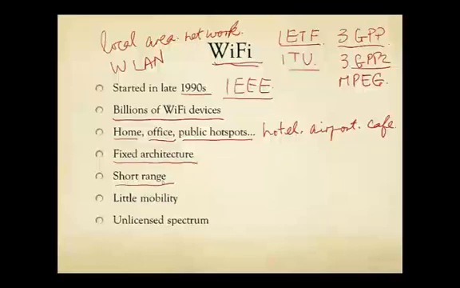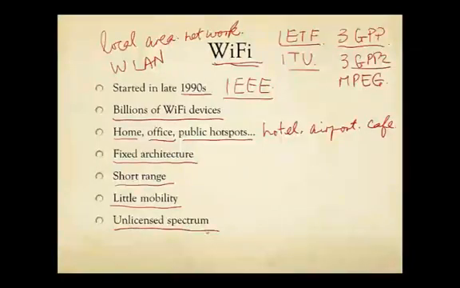So this short range is something around, say, 100 meters. There's little mobility support. If you move between, say, 2 access points controlled by the same controller, maybe that's okay. But in general, as soon as you move away from one Wi-Fi access point, then you lose connectivity. You have to reassociate again, and the session may drop.